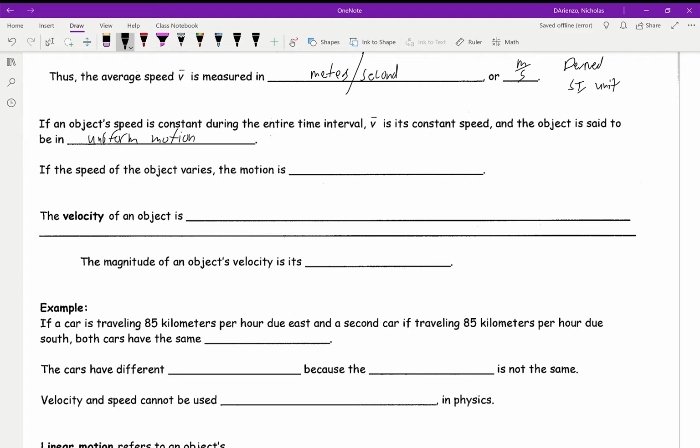And when we translate this over into graphs, that'll make a little bit more sense. This is going to give us a constant slope. If we're talking about an object where the speed is not constant, then our object is not going to be in uniform motion. Our graph is not going to be completely linear. If the speed of the object varies, the motion is non-uniform.